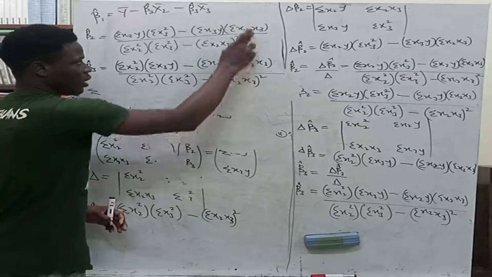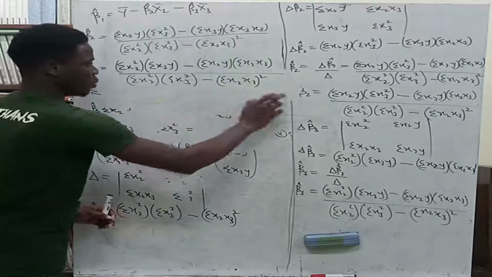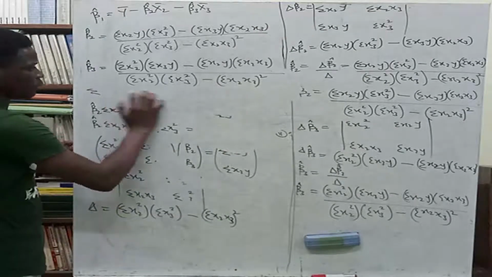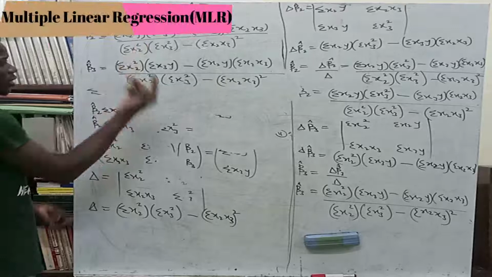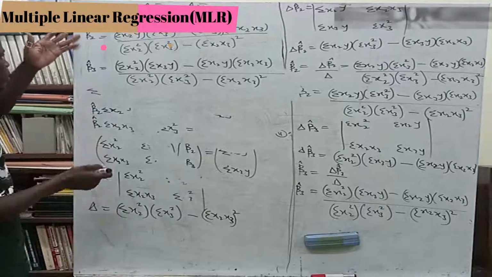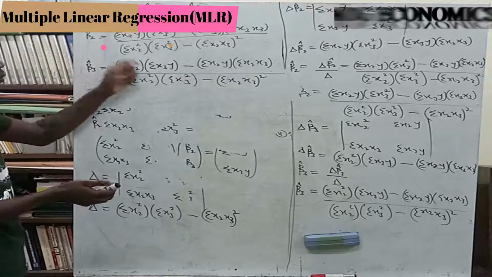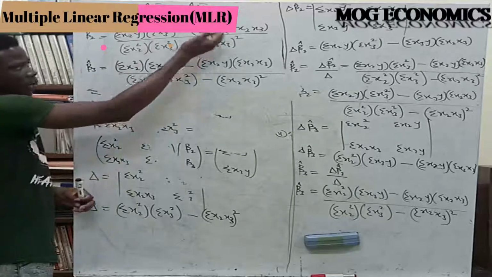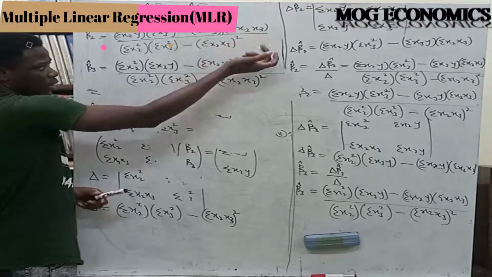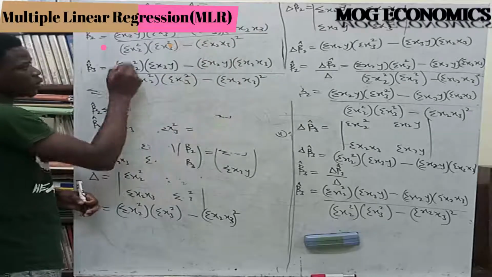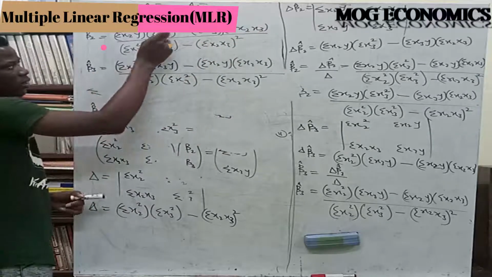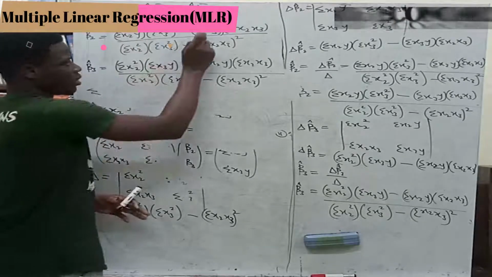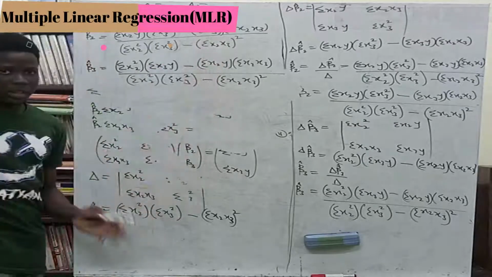The denominators are the same. You have to know that the denominators are the same, then you can interchange the variables. So once you know beta 2 is summation x2y, summation x3 squared, then summation x3y, this and this are equal. So to get beta 3, just change x3 to x2 here, change x2 to x3 here, then change s3 to s2 here, then you're good to go.